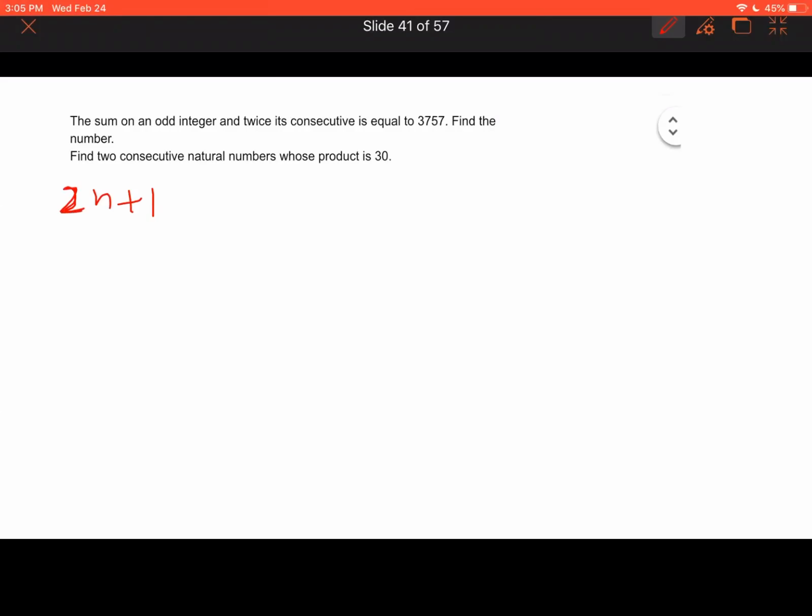Now we have to take two numbers, and its consecutive number is 2n plus 3. The sum of the first number and twice the consecutive number gives the answer 3757.